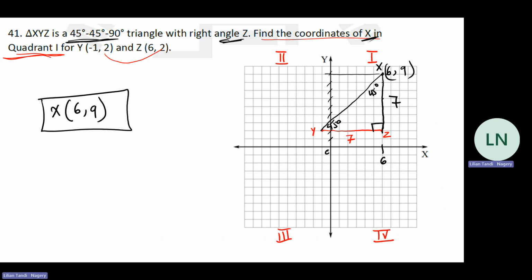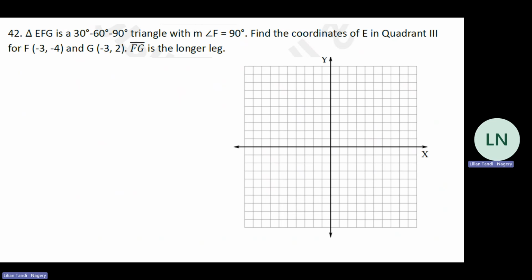Remember, this is your origin, so put 0 there. All right, so we want to do a 30, 60, 90 triangle. First, label your quadrants. We were told our answer has to be in quadrant 3, which is here. So when our answer has to be in quadrant 3, we know the X is negative and the Y is also negative.